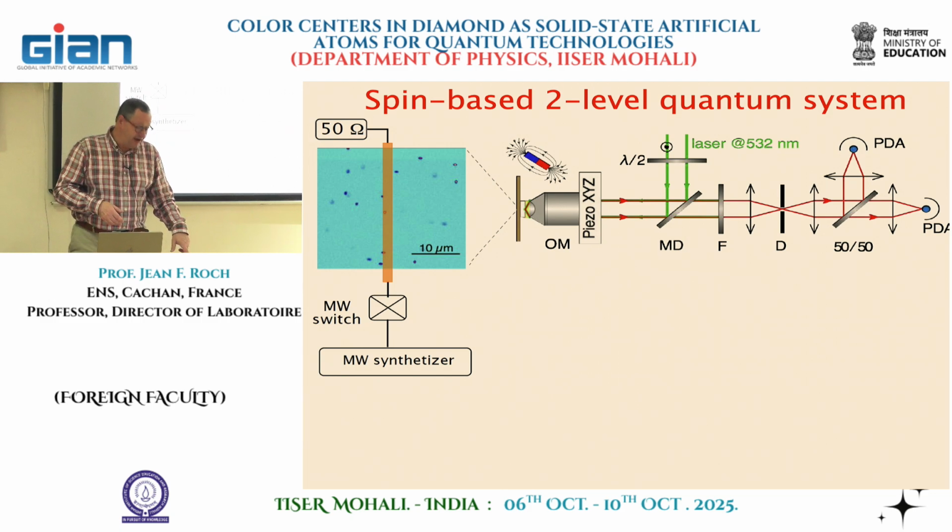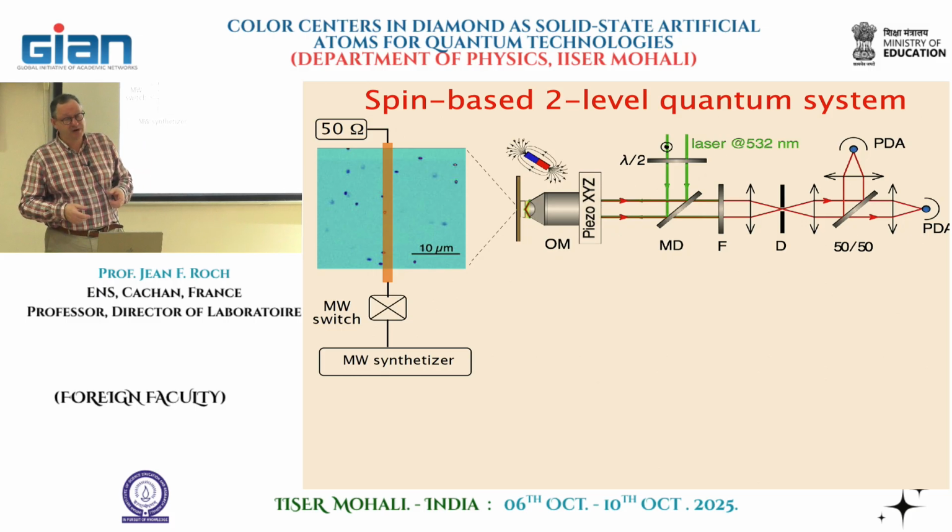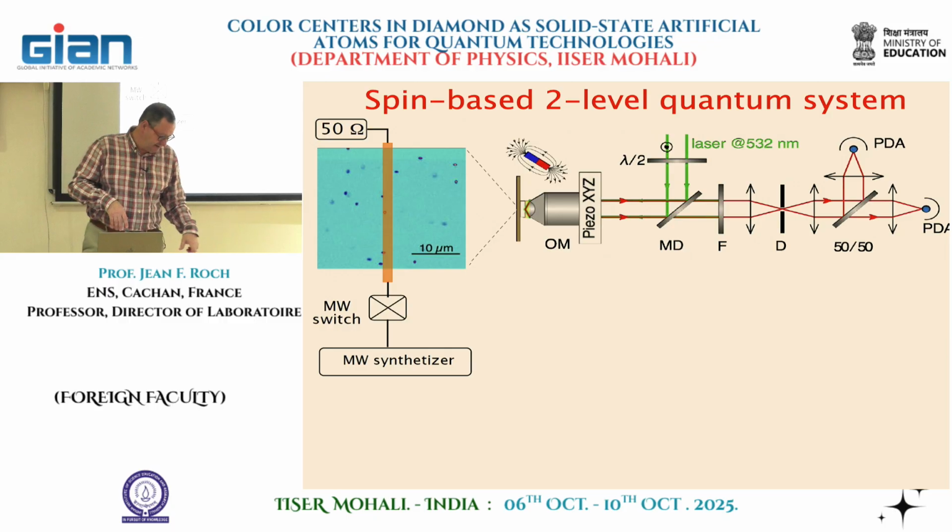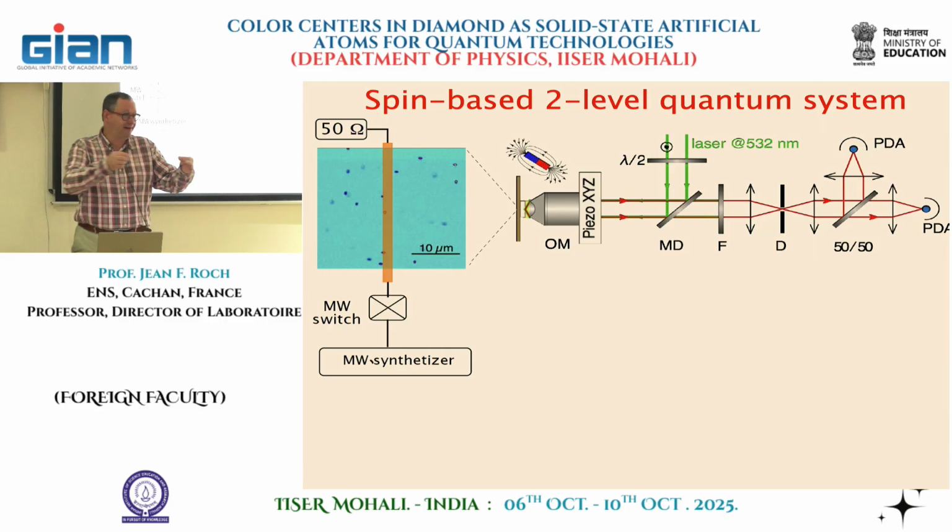So you just take that. You can have a microwave synthesizer, and for many experiments, you want to control the time during which you apply the microwave to produce a pi pulse or pi over 2 pulse. This is done by simple components like a Mini-Circuits switch between the synthesizer and what we call the antenna that produces the microwave field.